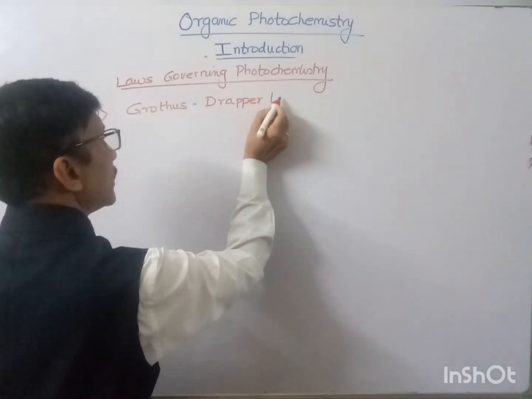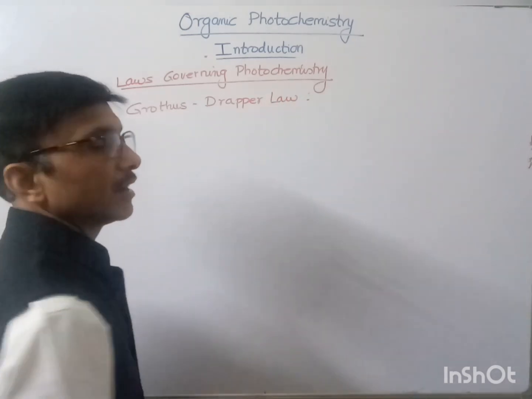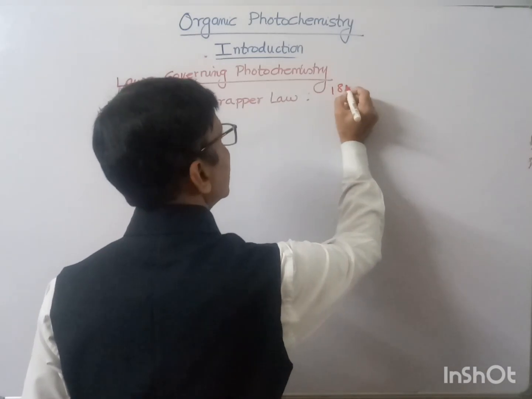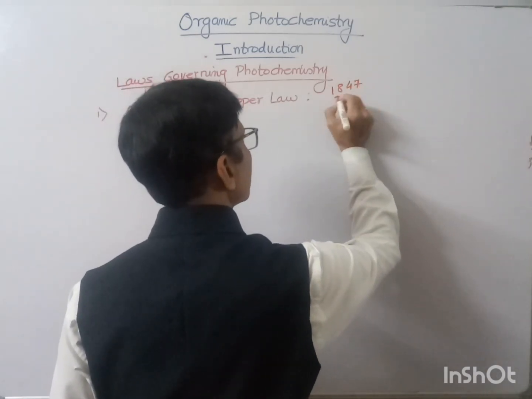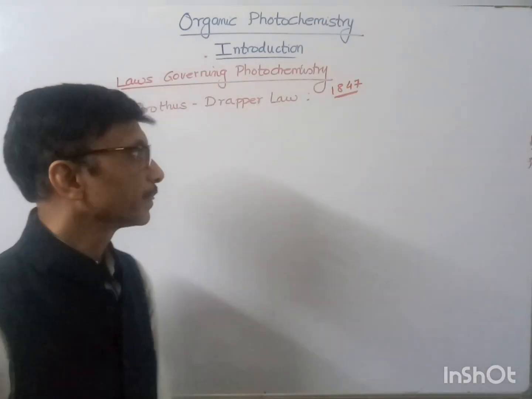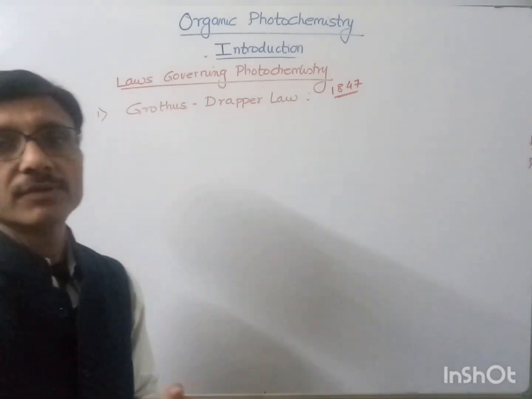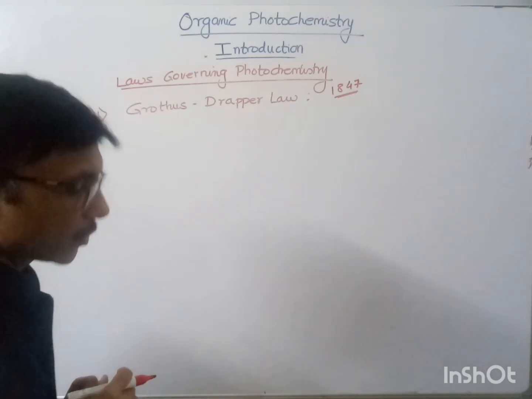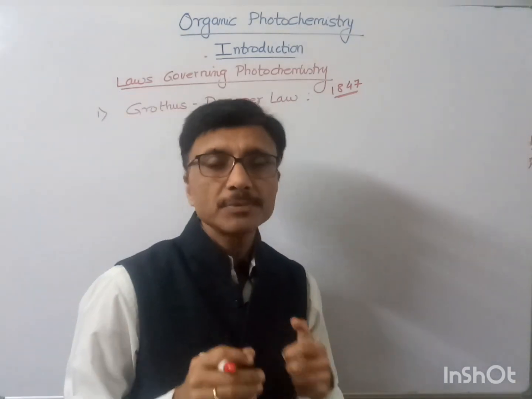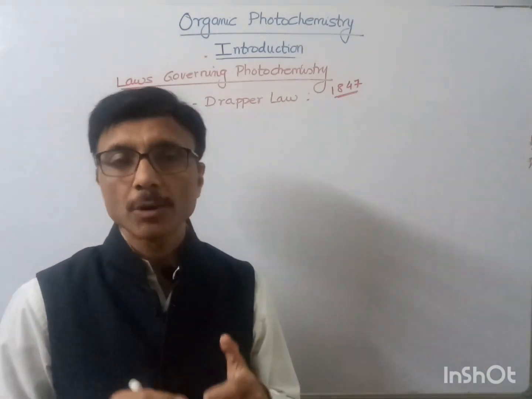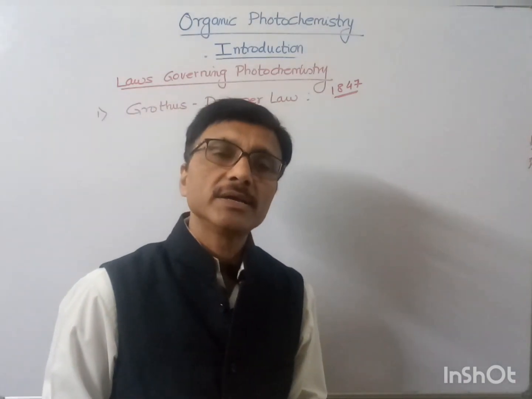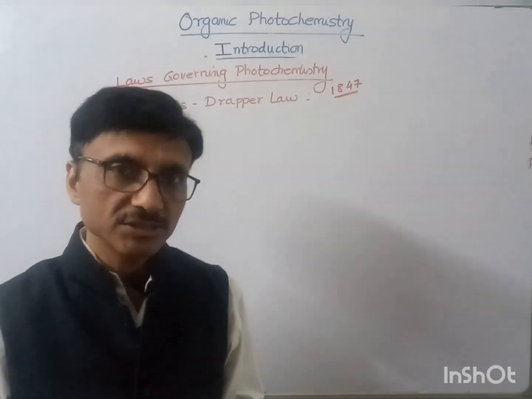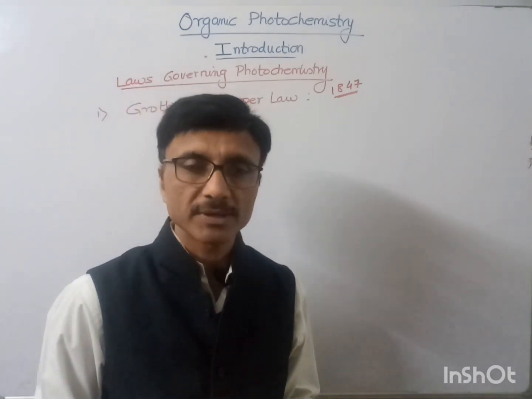This law was given in the early 1800s, up to 1847. Grotthuss and Draper were two scientists and they gave this law. According to this law, only the absorbed radiation is effective in producing the photochemical change.